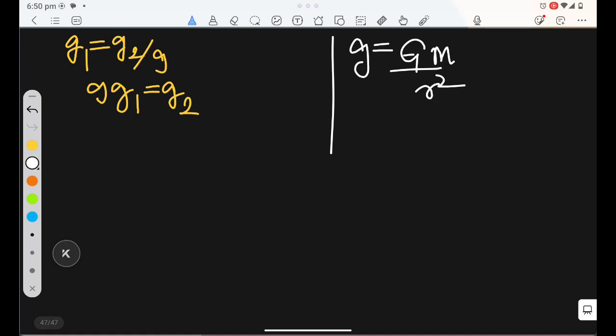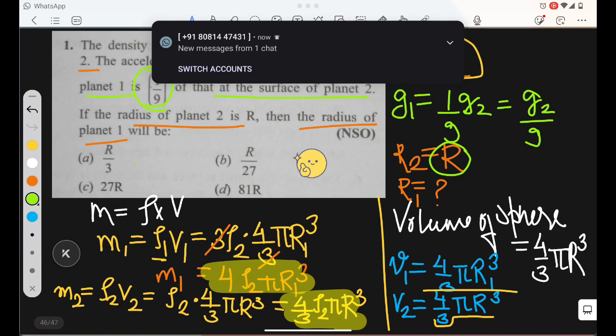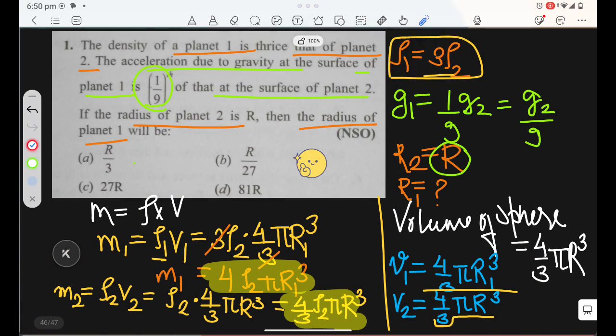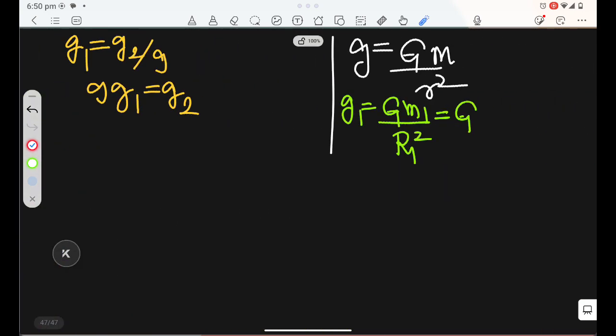So g1 is going to be capital G m1 by r1 whole square. We have calculated m1 as 4 rho 2 pi r1 cube.